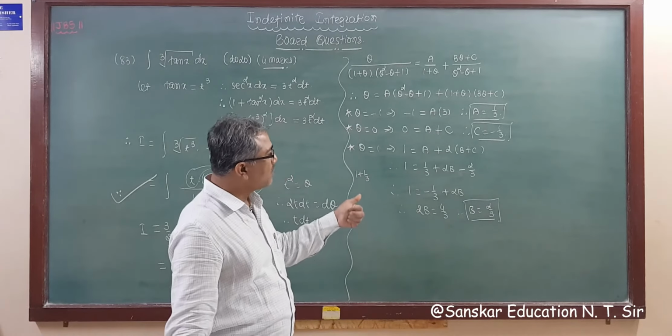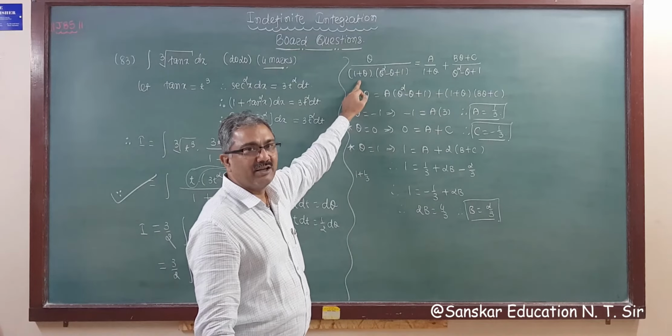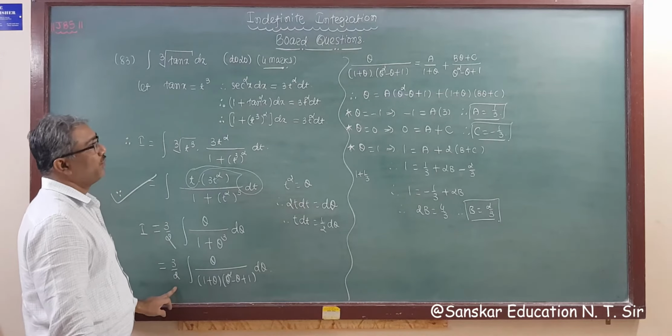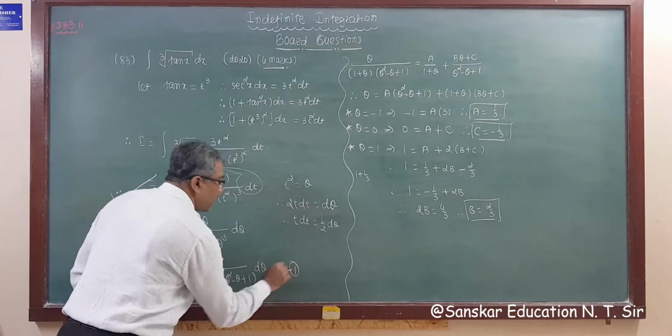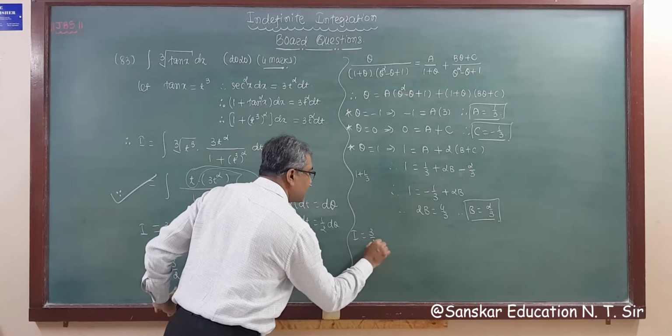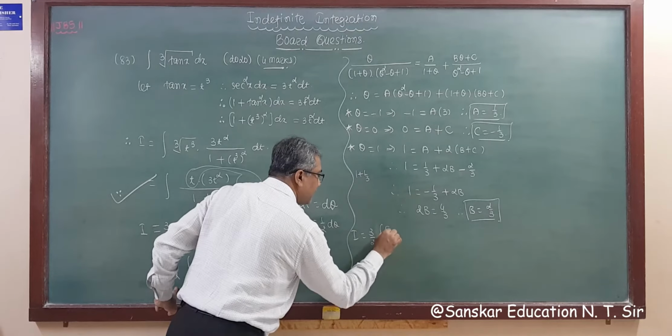So substituting all these values of a, b and c here, and this is nothing but your I, but in I there is a 3 by 2 in equation number 1. So from 1 what do you get? I is equal to 3 by 2 is outside, right? Then integration.